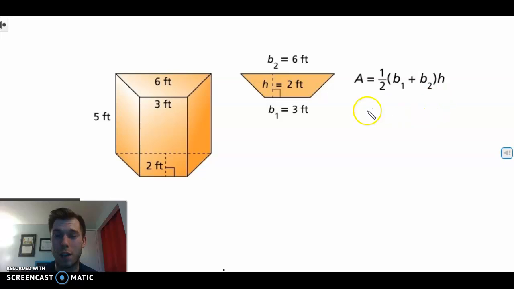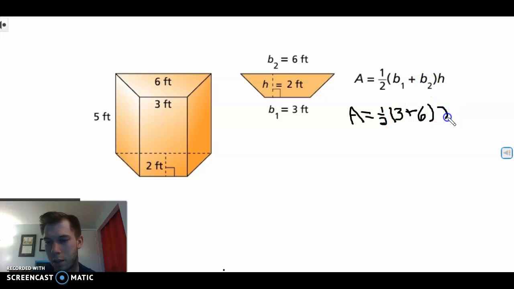I'd like you guys right now to take a chance and evaluate what the area of the base is going to be. So hopefully, as you wrote this down, you got area equals 1/2 times the quantity of base 1, which was 3, plus base 2, which was 6 feet, and then multiplied by 2.